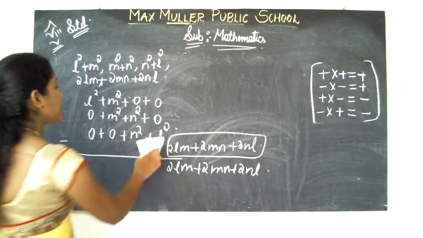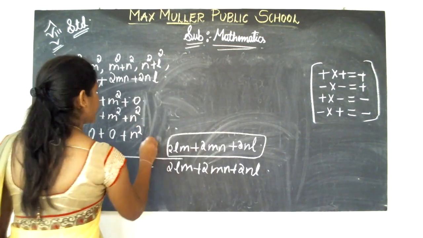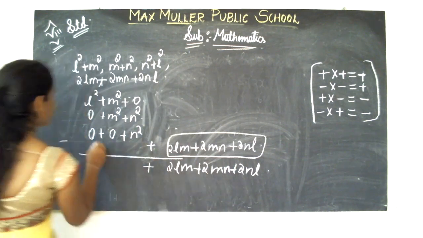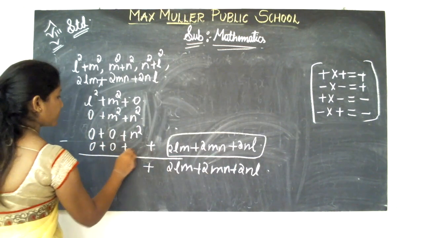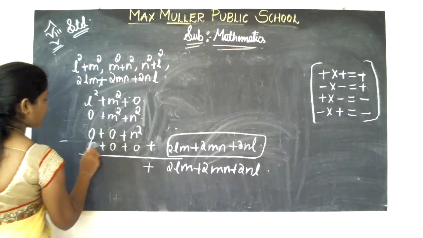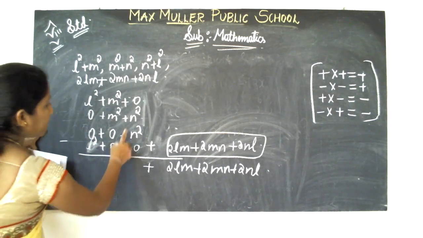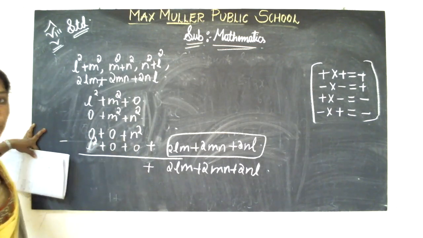And then here, the L square term is there, right? Under the L square term, what is given here? Plus, both are having positive sign.